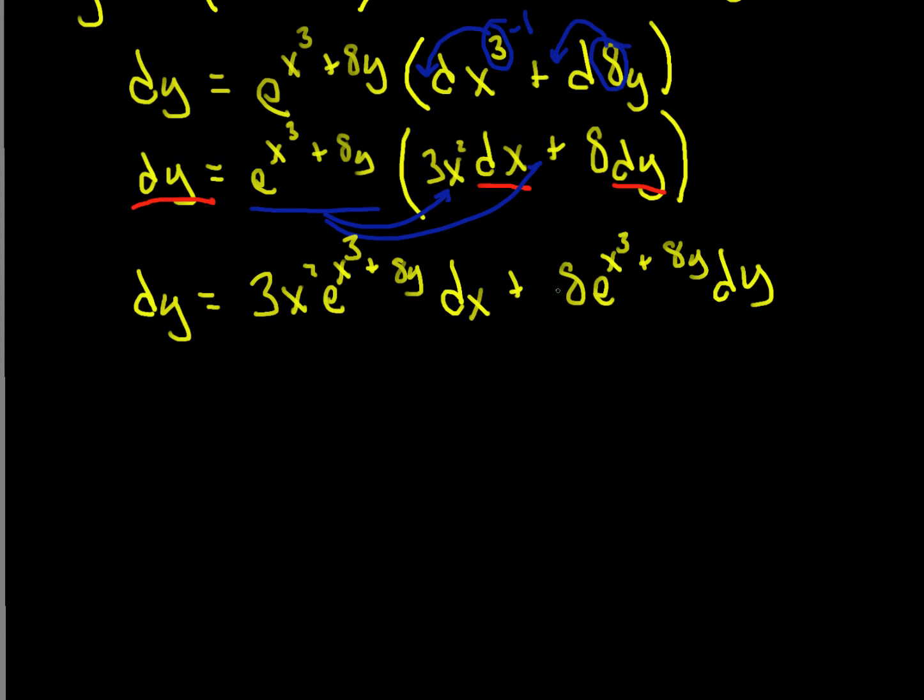Now I'll bring all my dy's to one side, so easiest to just bring it to the left-hand side. This is my coefficient in front of this dy. I've got a 1, right? There's a 1, we don't write it, but there's always a 1 in front of that coefficient.